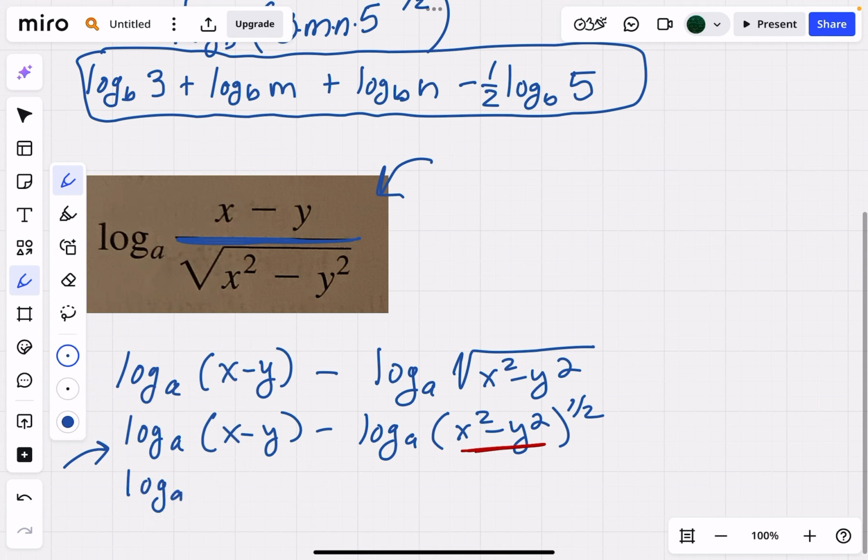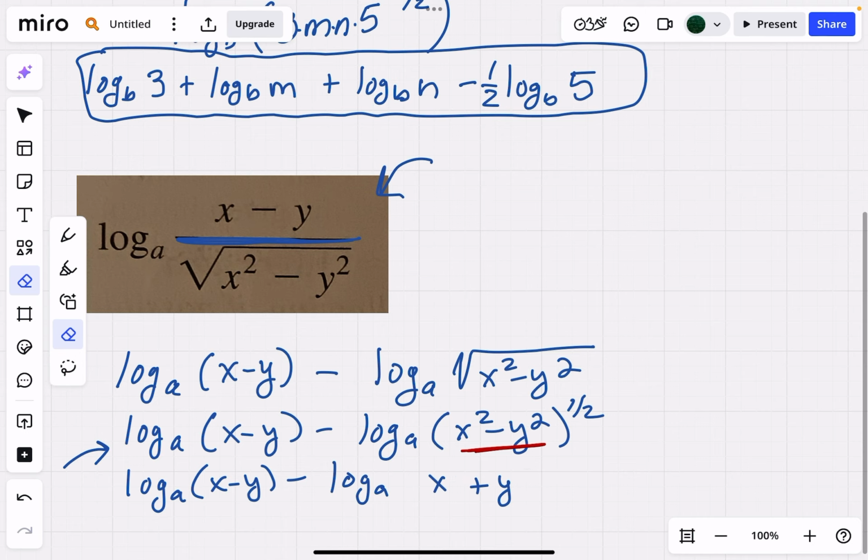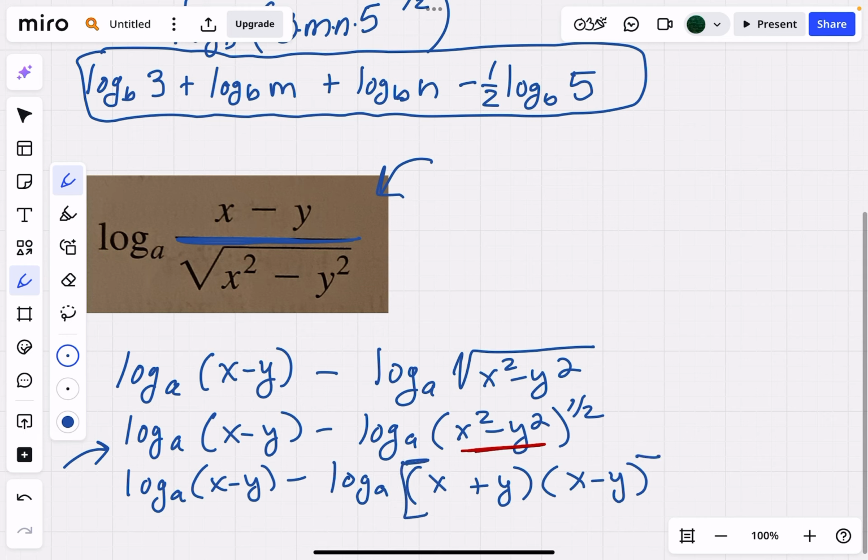Factored out. And you'll see what I'm talking about, whereas this is not prime, that there's a product in here. We have x plus y, and x minus y. So see, this whole thing, x squared minus y squared, actually factors out to this. So what does that mean? That I actually have that, like this, raised to the half power, right?